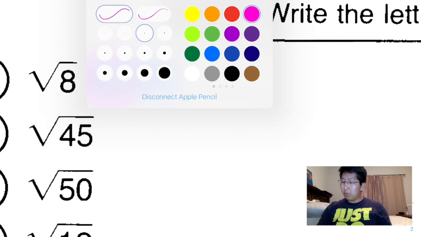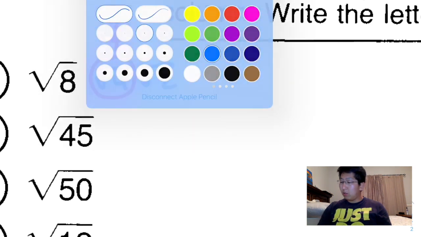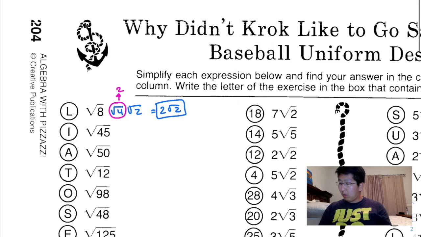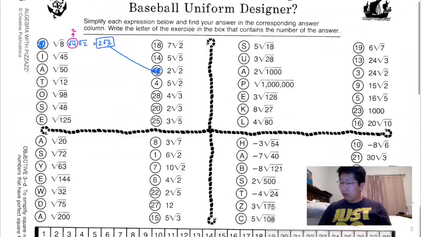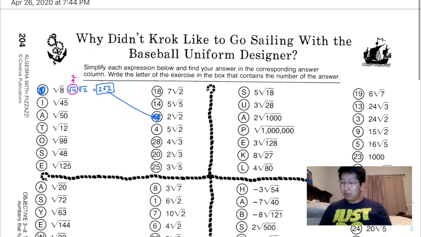So 2 will come out. So our answer here is 2 square root of 2. I can find that right here. 12. So 12 is L. So I'm going to go find 12 and put L.